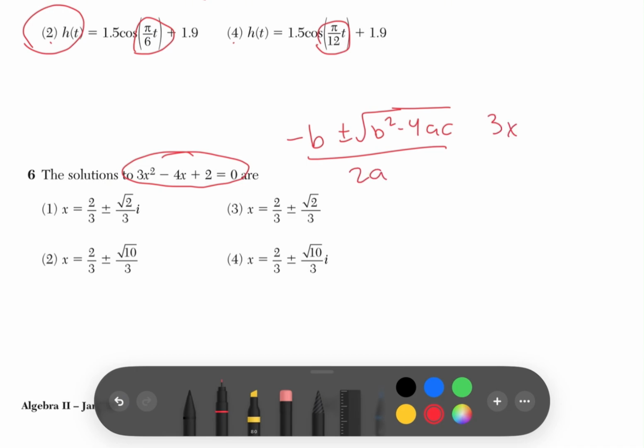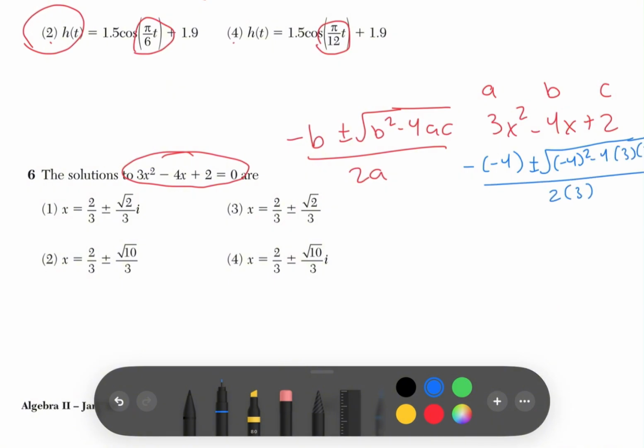So we're going to have 3x squared minus 4x plus 2. So in this case, our a value is 3, our b value is negative 4, and our c value is 2. So we're just going to plug this in.